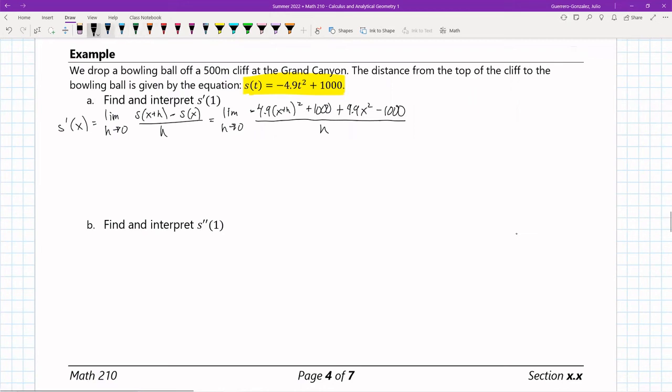Okay. Automatically, we have a plus and a minus 1,000. Those say bye-bye. So limit as h approaches 0 of minus 4.9 x plus h quantity squared plus 4.9 x squared all over h. We did some of this from before. Let me find it really quick.